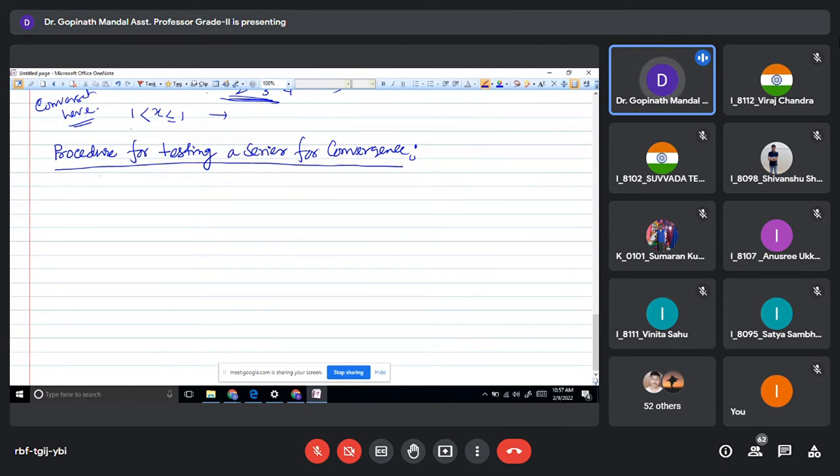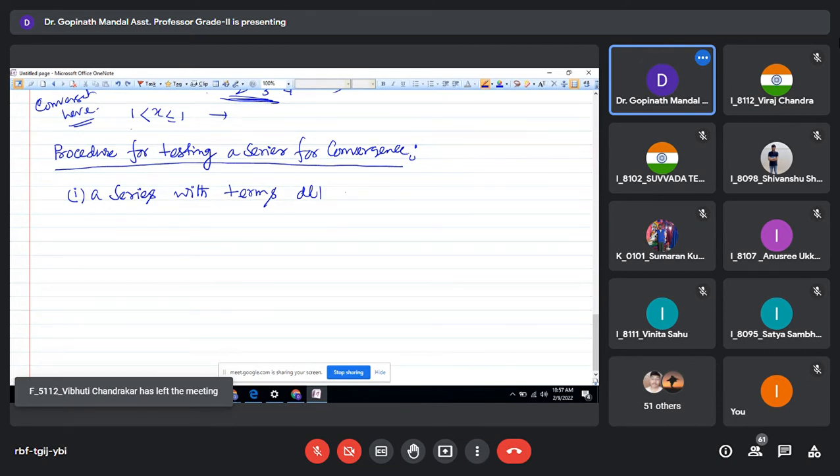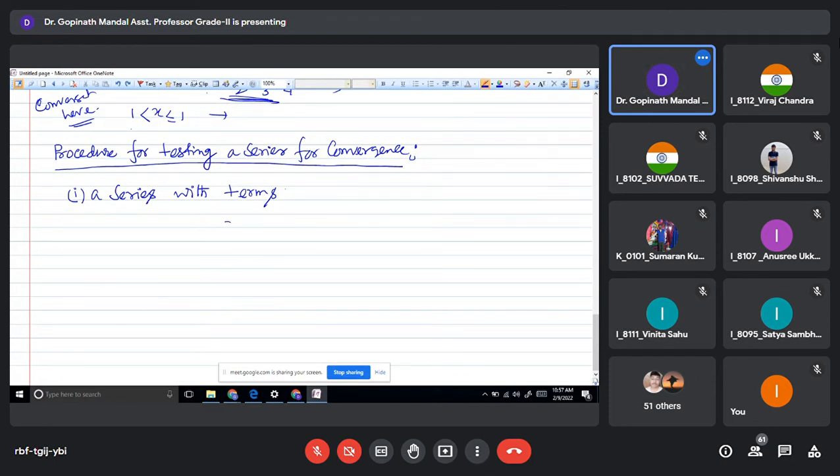First, we find whether the given series is a series with terms alternately positive or negative.